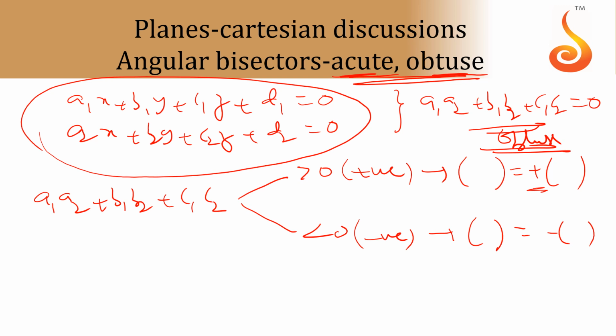But since d1 d2 are already positive, using positive gives the bisector containing origin. It means the origin is contained in the obtuse angle. So you can link them. If d1 d2 are made positive, you can link containing origin with the acute and obtuse angular bisectors. But to get the acute or obtuse angular bisector, there is no condition that d1 d2 should be made positive.